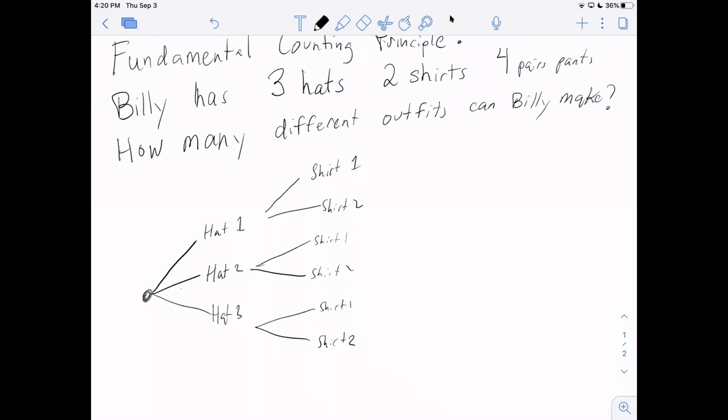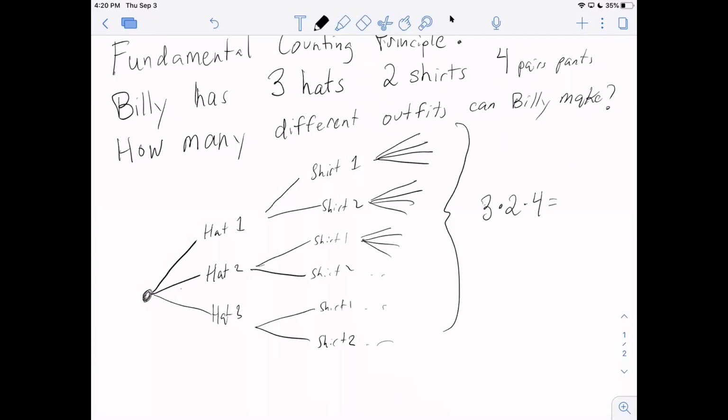And then, of course, the 4 pairs of pants, I won't write it out here, but there's 1, 2, 3, 4, 1, 2, 3, 4, 1, 2, 3, 4, and so forth. Same thing. So in total, we'll see that we have 3 times 2 times 4, which is going to be 24 different configurations.